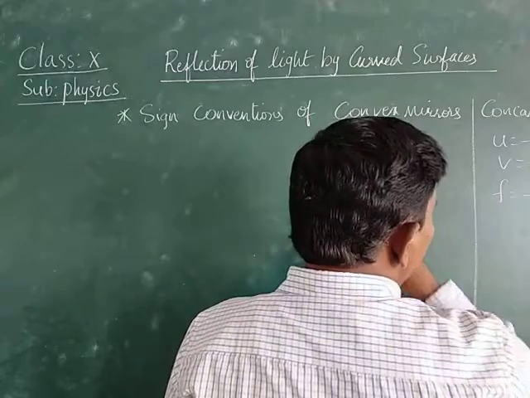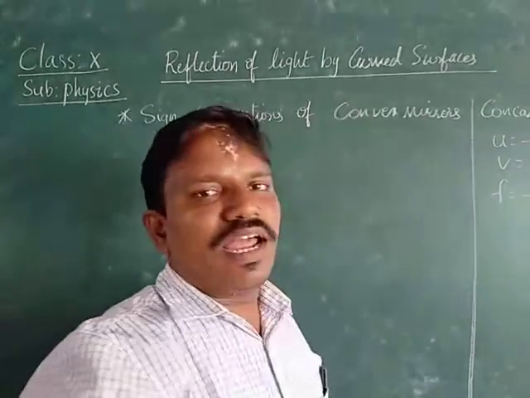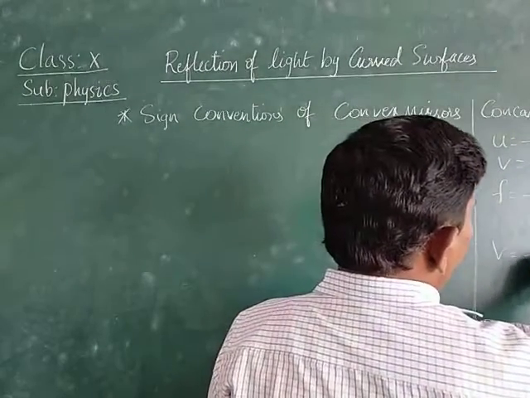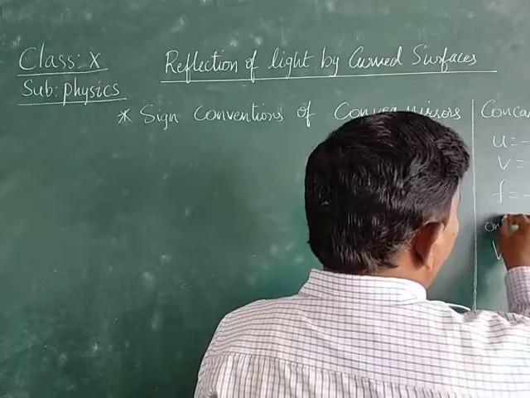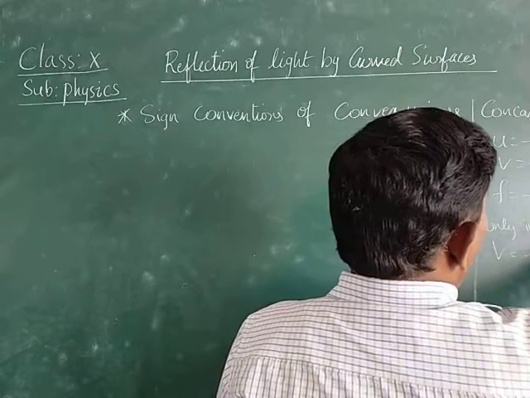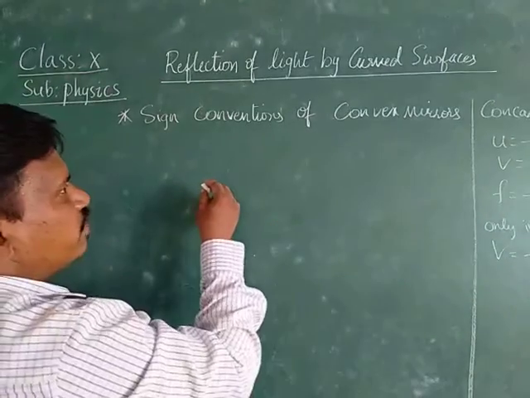But only in the special case when the object is between the pole and the focal point, V is positive. Only in that special case. In the same way, let us see the sign conventions of the convex mirror.